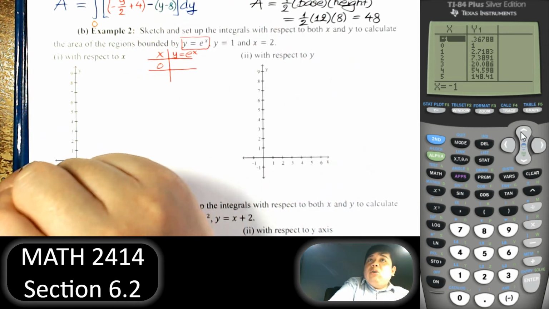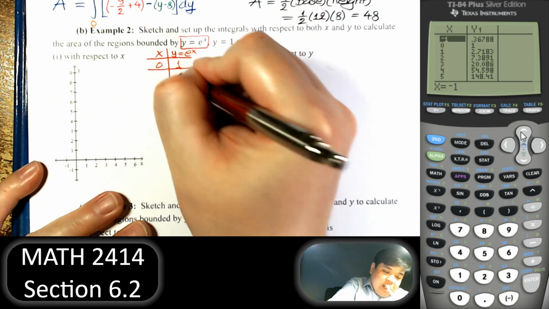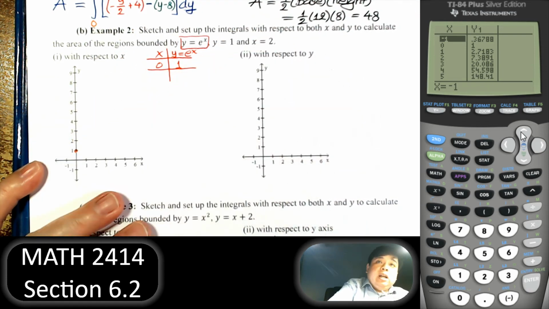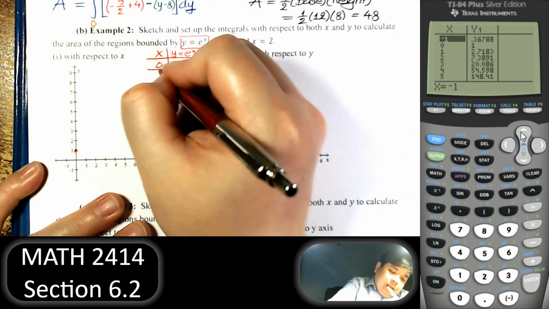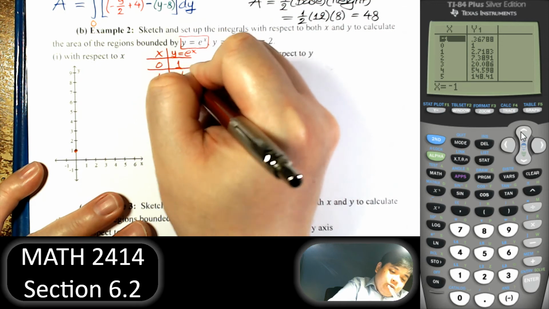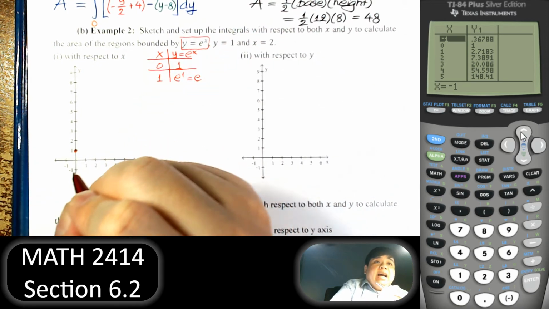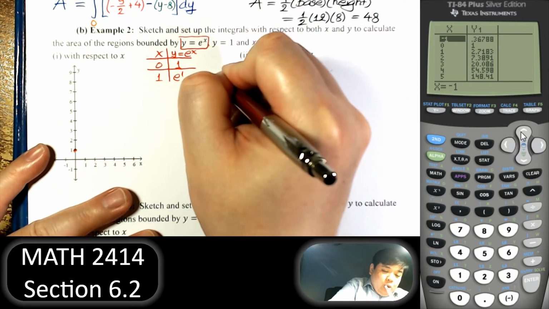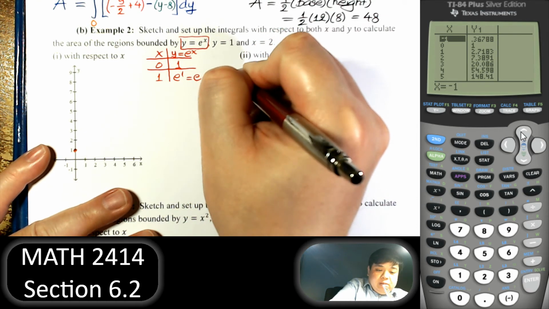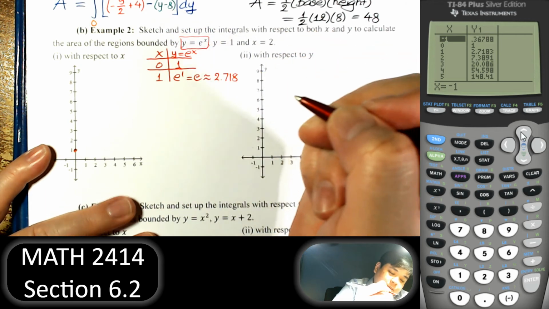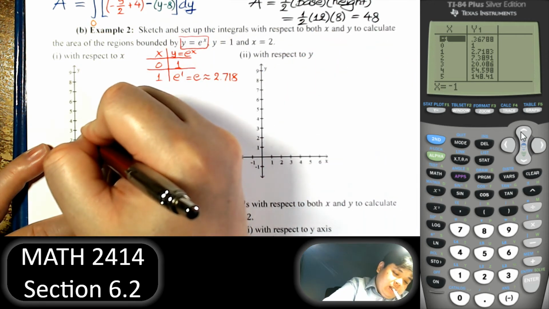x equal to 0, y equal to 1, because anything raised to 0 power is 1, except for 0. When x equal to 1, this is e to the first, which is just e, and e is approximately equal to 2.71828, so about here.